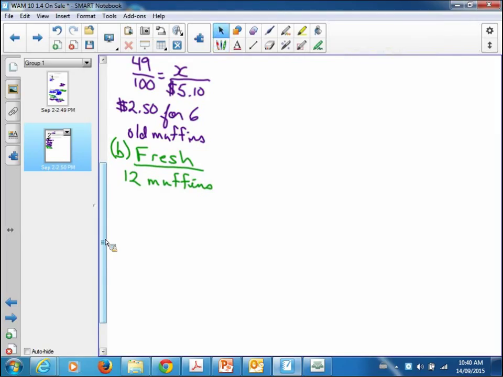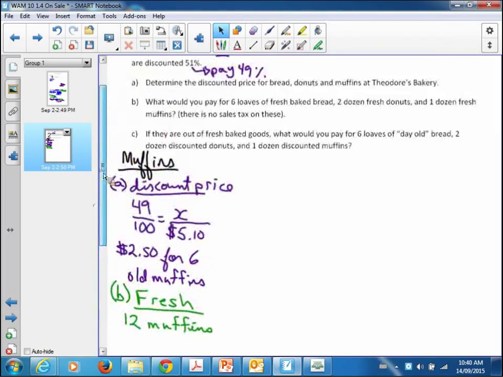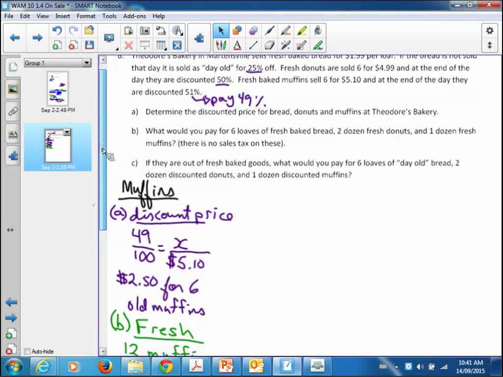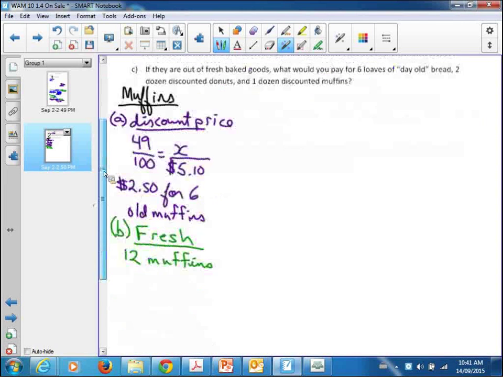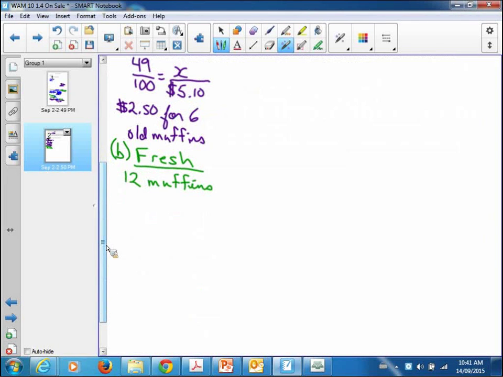I got to go look up the original price again. It was $5.10 for 6, right? Muffins. So I'm going to set up my proportion like that. $5.10 for 6. I'm going to use M, F for muffins.